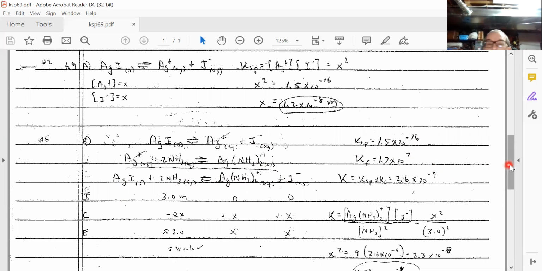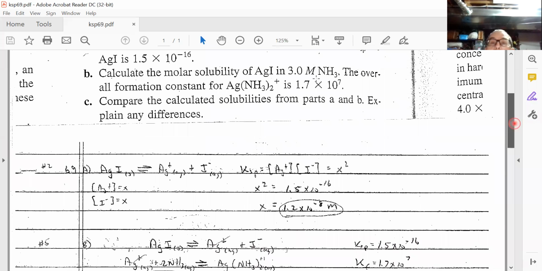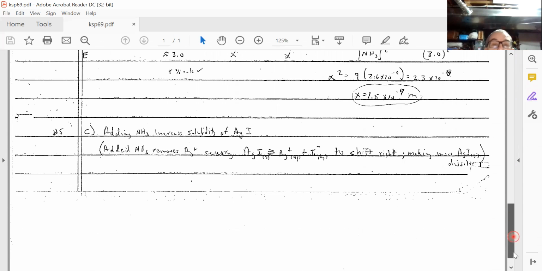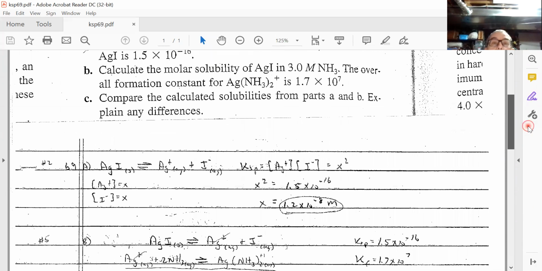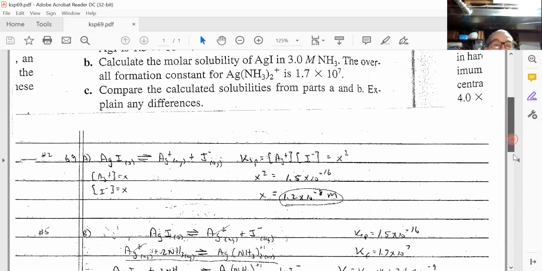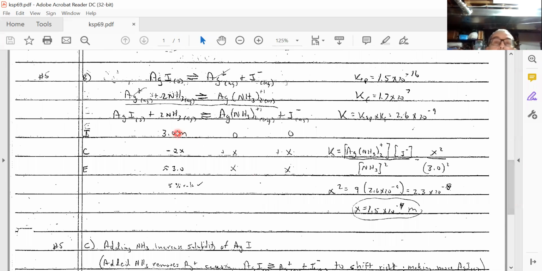Okay, let's look at some of our numbers. We're given 3 molar NH3. That's pretty much the only thing we need to pick out from there. We don't have anything before it breaks up.